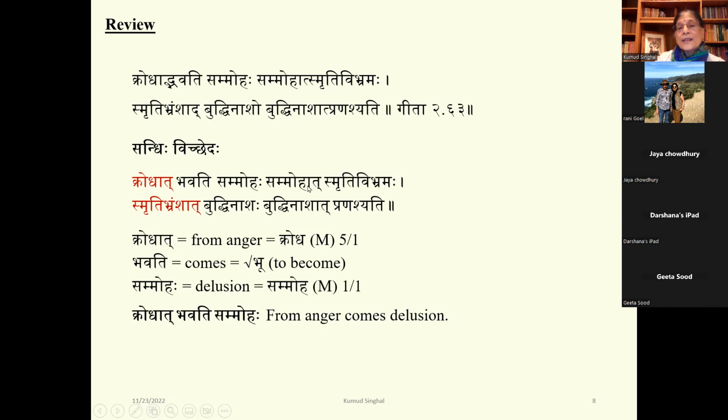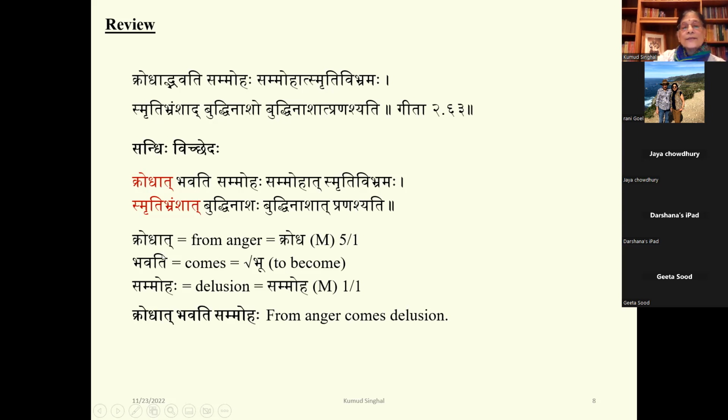Here this word sammoha ends with ta, but it is followed by a s, which is a sibilant and a hard consonant. Similarly here, t is followed by a p, which is a hard consonant. So here, no sandhi happens. So it depends what kind of a consonant this consonant is following, and then the sandhi will apply.